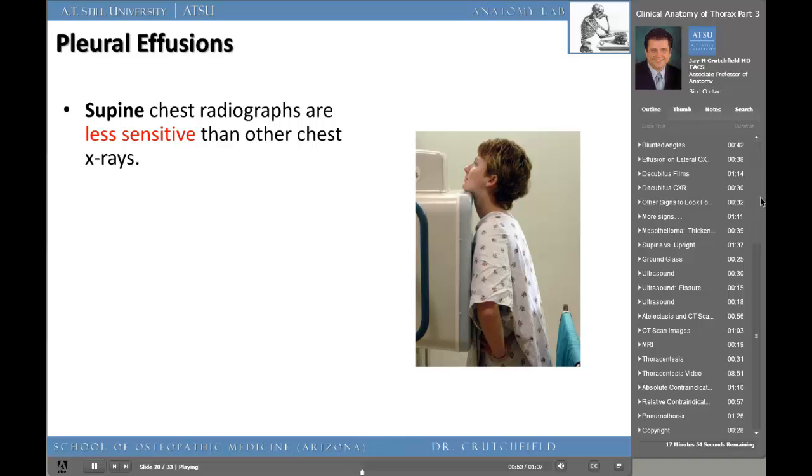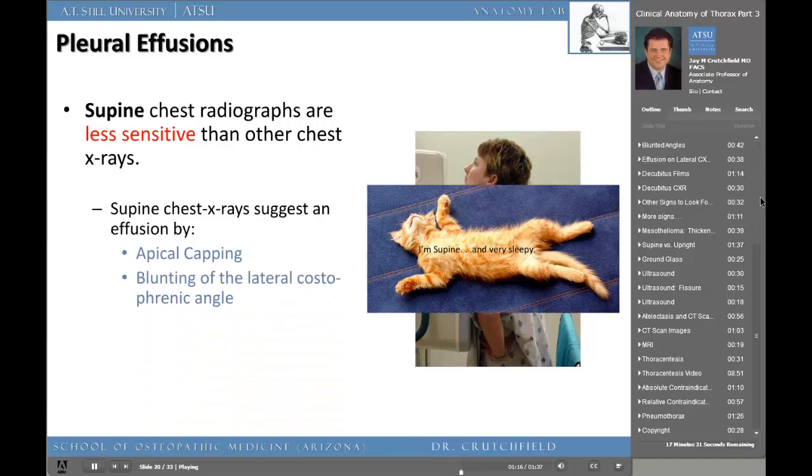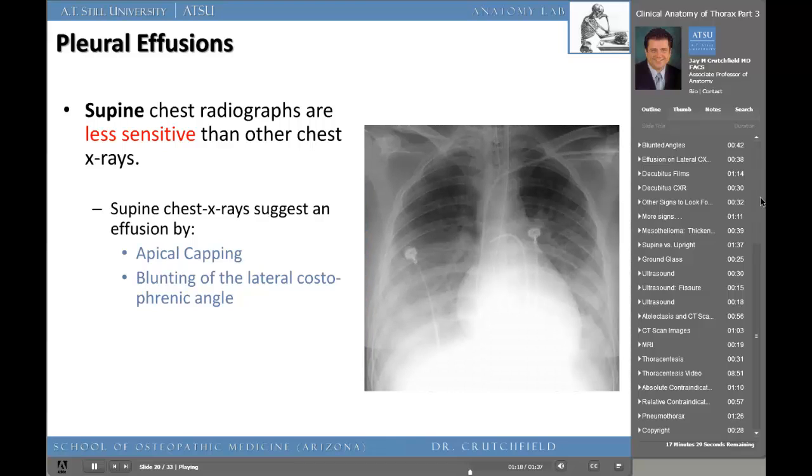We can see apical capping. This means that there look like little caps over the apexes of the lungs. There's also blunting of the lateral costophrenic angles. You can lose the image of the diaphragm. And of course, when you look at the hemithorax, it looks cloudy, or like you're looking through a piece of ground glass or bathroom glass where you can't see through it and it's really hazy.